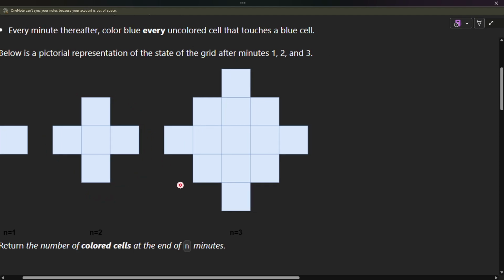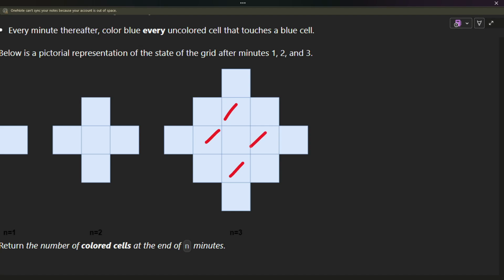So for n equal to 3, let's see. At n equal to 1, this will be covered. At n equal to 2, this, this, this, and this will be covered. At n equal to 3, this will mark this, this, and this, and this will mark this, this, this way.